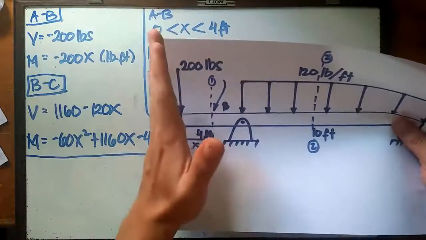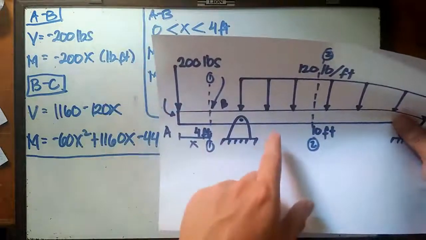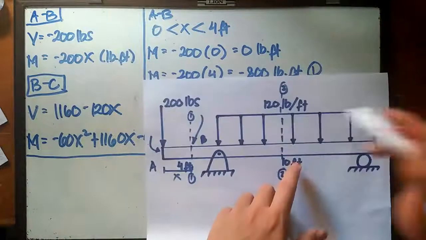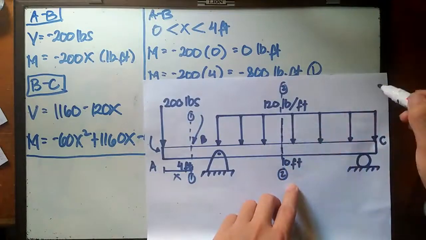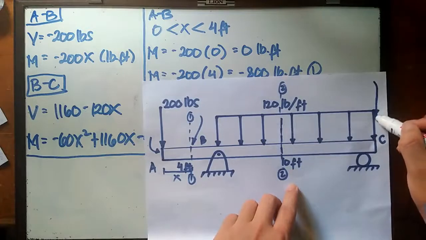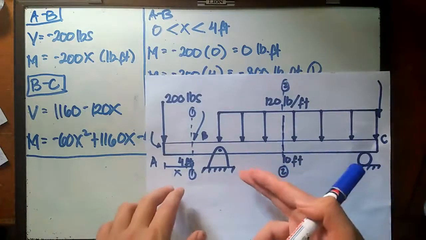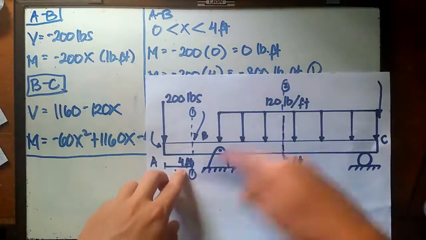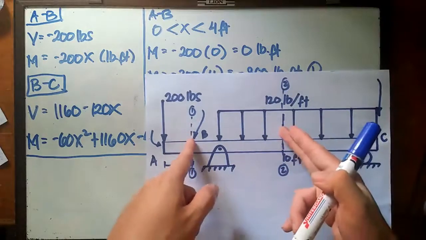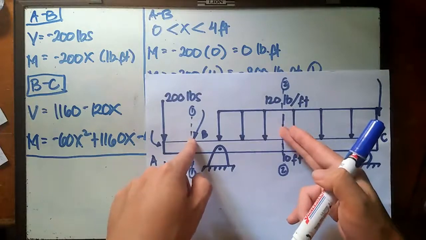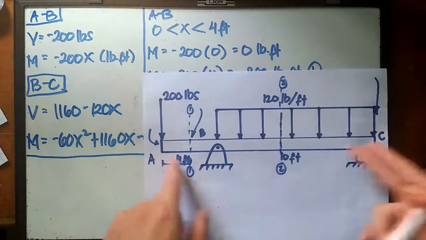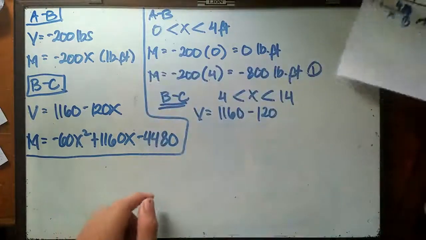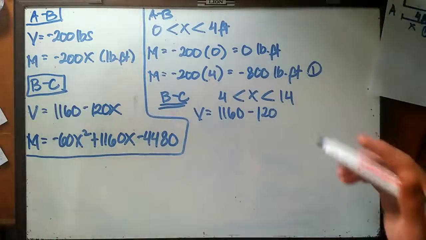We are concerned with this portion all the way to this portion. That's why we are setting up the limits of x by 4, which is this one, and the whole length of the beam, which is 14, because 10 plus 4 is 14. We are only approximating it here, guys, don't forget about that.